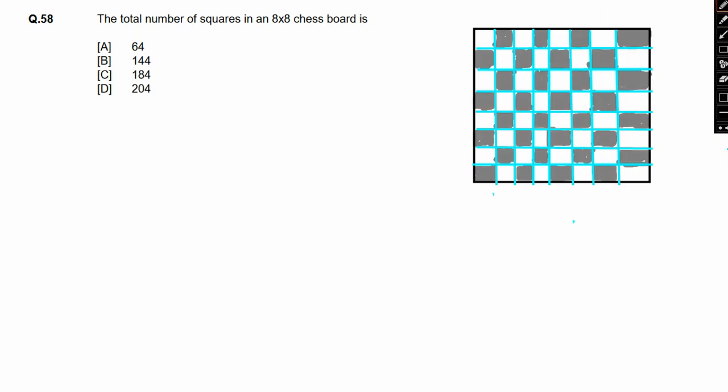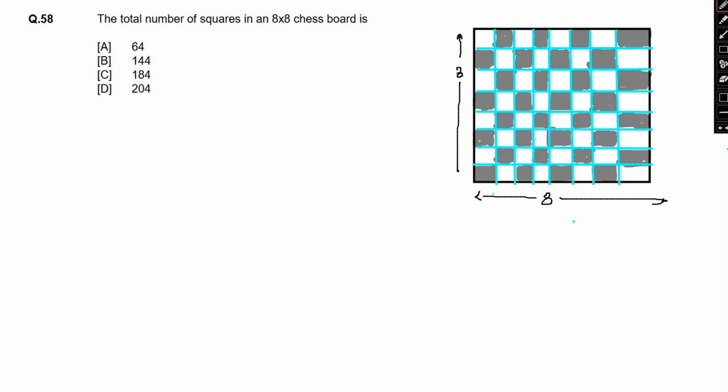Yeah, so say this is my chessboard. Here you see there are multiple squares, so we need to find out the total number of squares that we actually see in a chessboard. First of all we know it's an 8 into 8 form. It's a square chessboard.